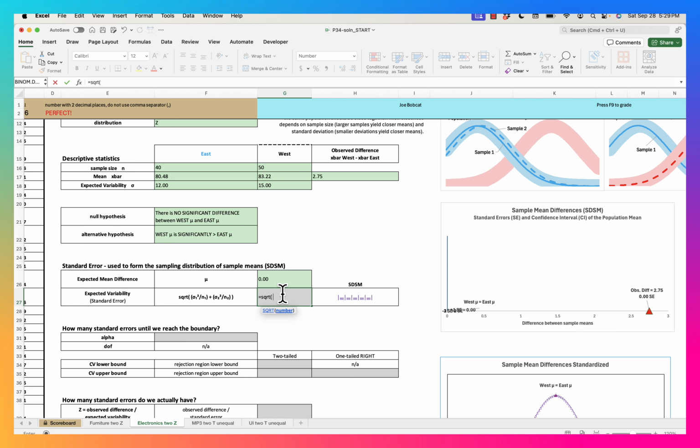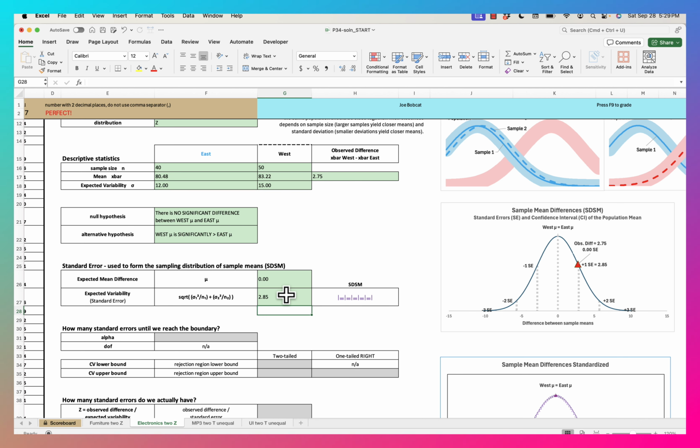That's square root of sigma squared divided by n plus this sigma squared divided by this n. Okay, so expected variability is 2.85. This is kind of interesting, right? The difference that we saw was 2.75. Expected variability is 2.85. Those actually look pretty close.